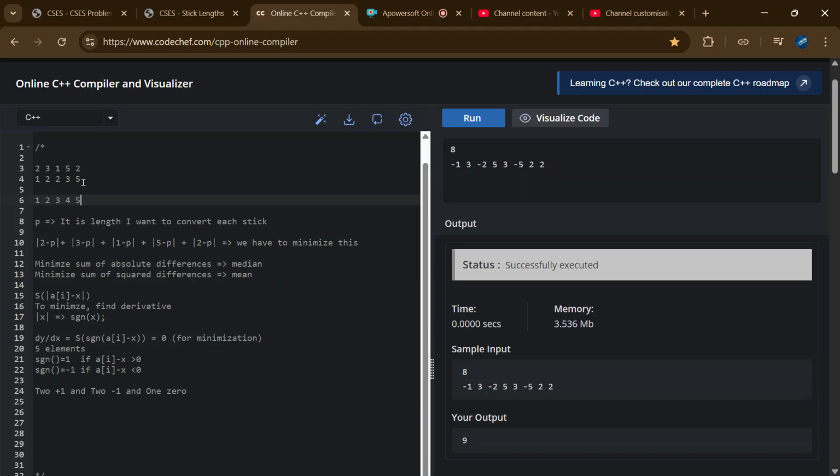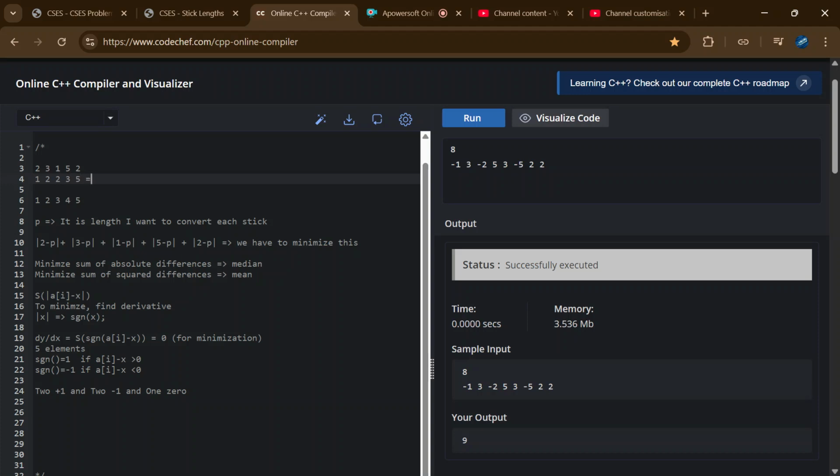Okay, so now let's come to this example. The median here is, sorry, 2. If we come here, positives will be 2, zeros would be 2, and negatives would be 1, so overall it would be positive 1.